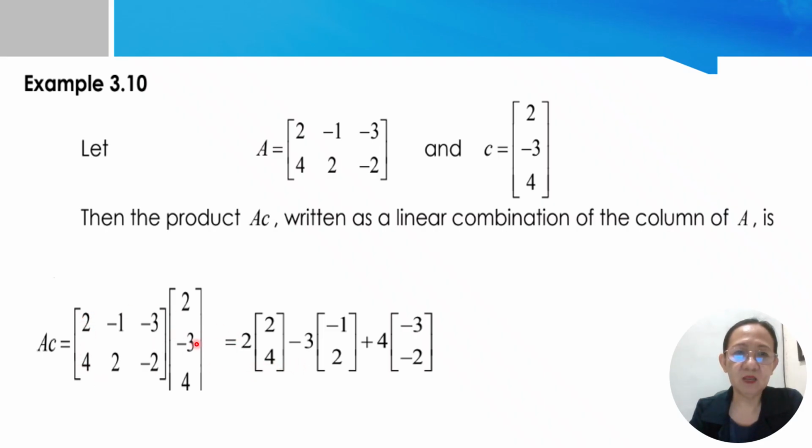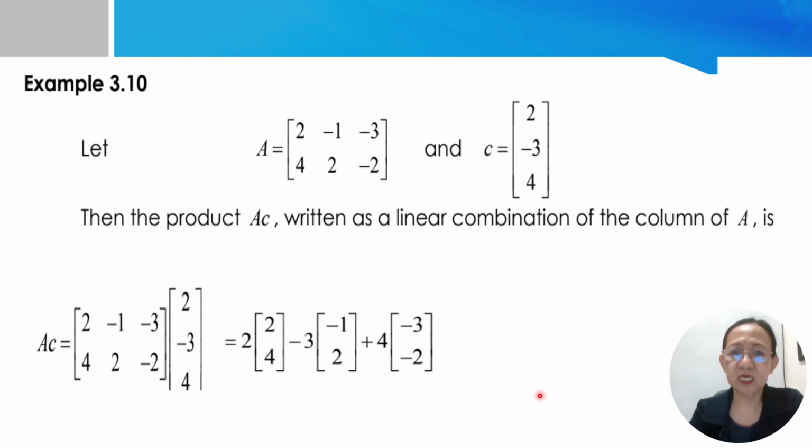Then, negative 3 is multiplied to the second column of our matrix A. And lastly, 4 is multiplied to the entries in our third column of A.